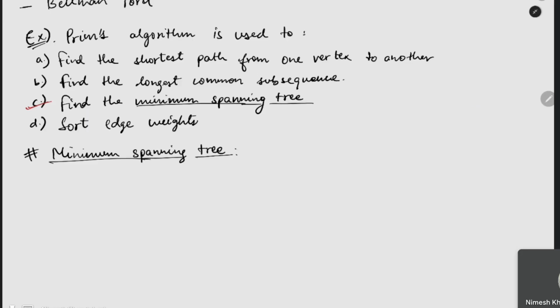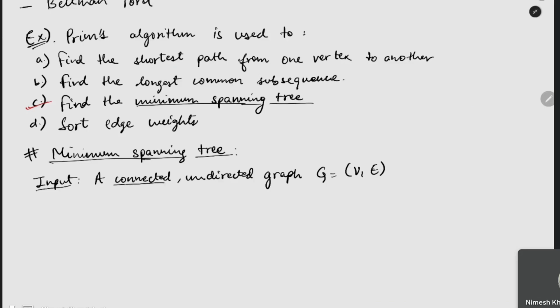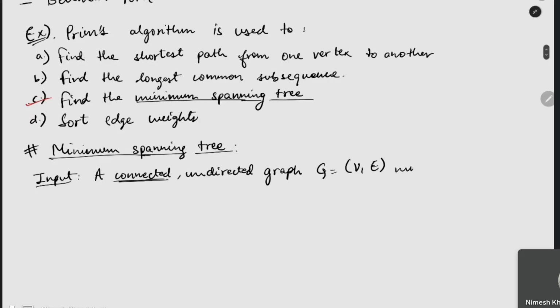For a minimum spanning tree, the input is a connected undirected graph that we represent as a set of vertices and edges, and again it has to be connected, with a weight function.